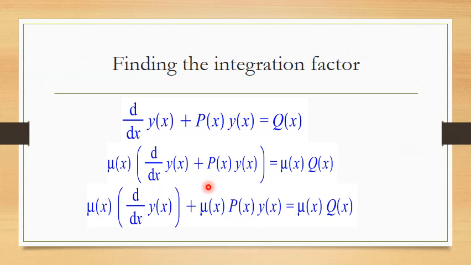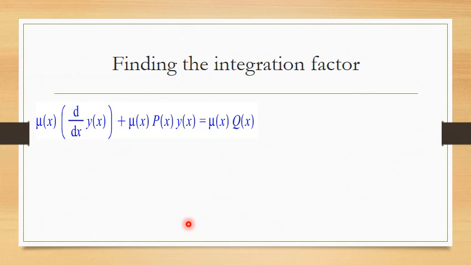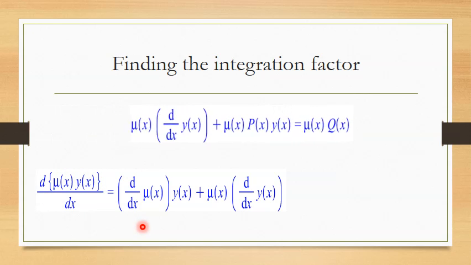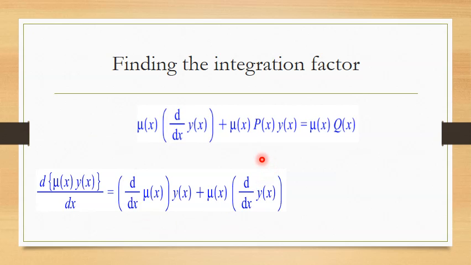So let's do that. If I carry out the distribution of mu across my differential equation, like this, now I want to go back to the product rule right here. If we look at this, these two are very similar. There's our function y, and here's our derivative of y.